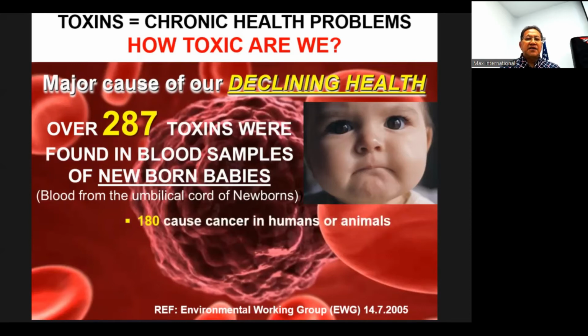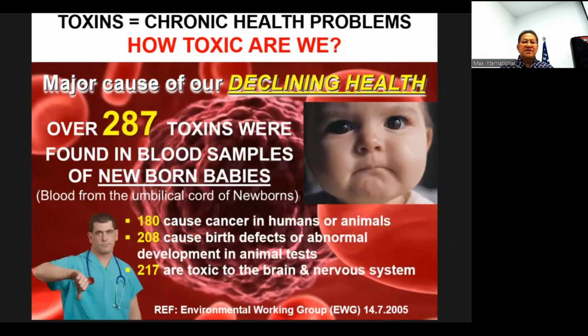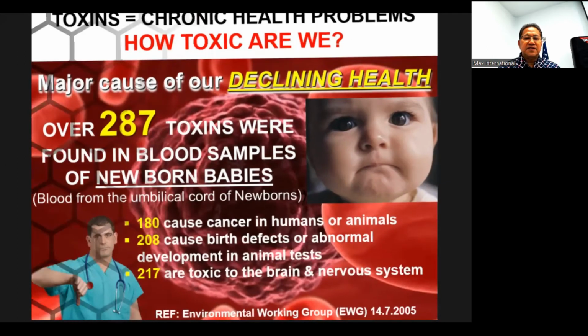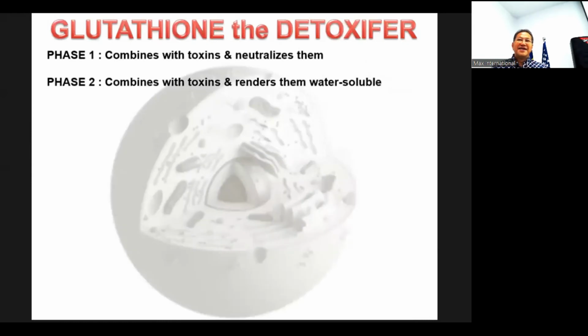Of these, 180 were known to cause cancer, 208 known to cause birth defects or abnormal development in animal tests, 217 toxic to the brain and nervous system. So if babies have that much toxin, what hope do we have? Multiply by 10.